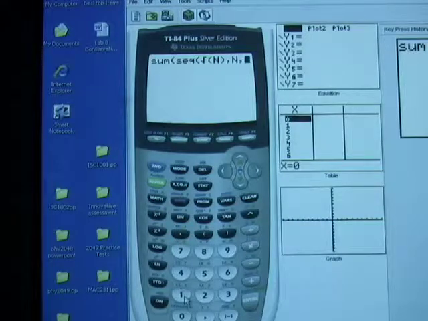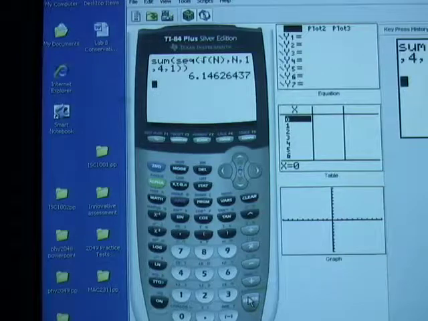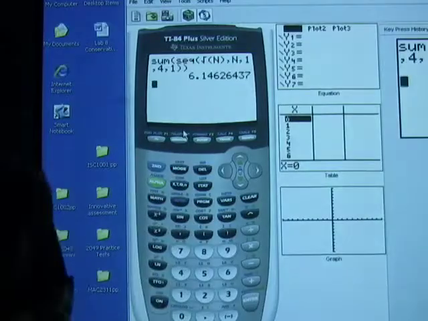How does it go? n changing from 1 to 4, so 1 comma 4 comma 1, end parenthesis, end parenthesis, and enter. You get 6.14626. That's the value that we had already got. Alright? So try and practice this on your own.